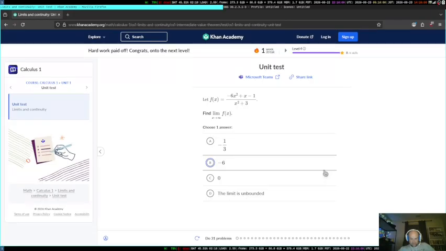F of x, the limit as x approaches infinity of f of x. So the answer is -6. The way you can tell is that if you have the ratio of two polynomials, all you have to do is look at the biggest term. This is a concept in computer science; you might encounter it as big O notation.